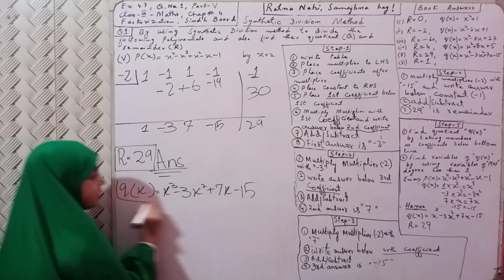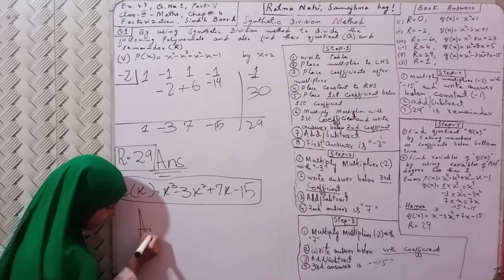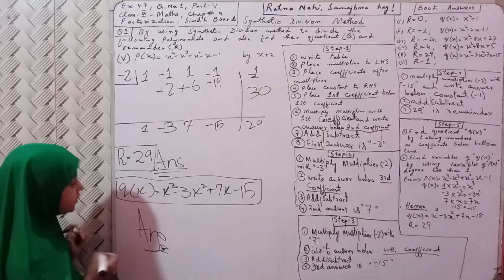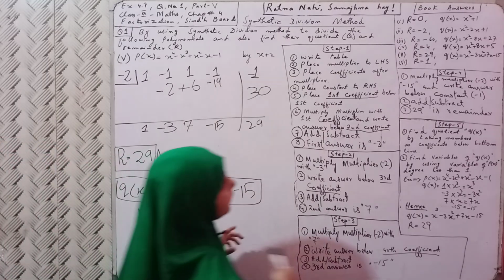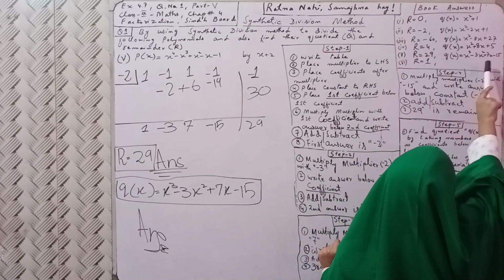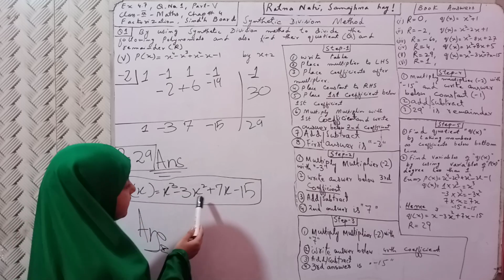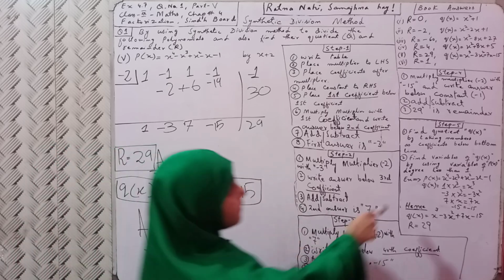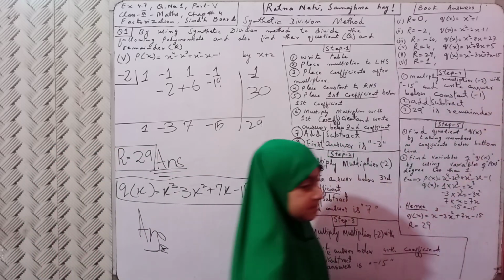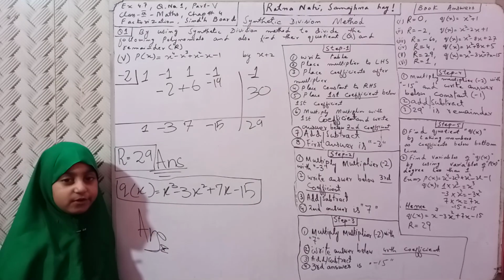Done this, and this is our second answer. So the book answers are written. You can check it. q(x) is equal to x cube minus 3x square plus 7x minus 15. Okay. No subscribe, no like, only share.